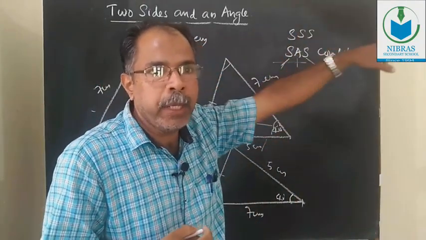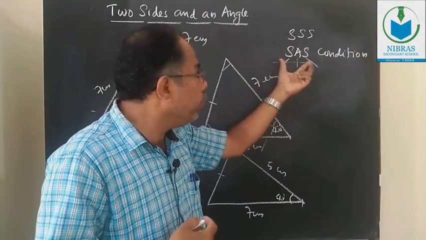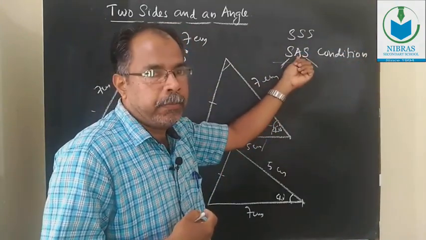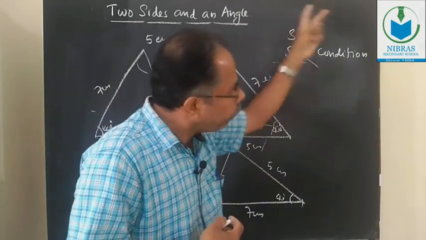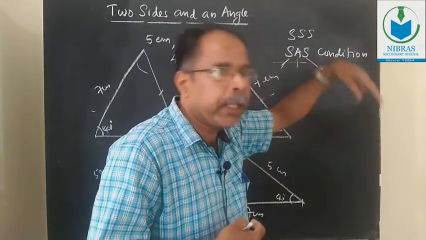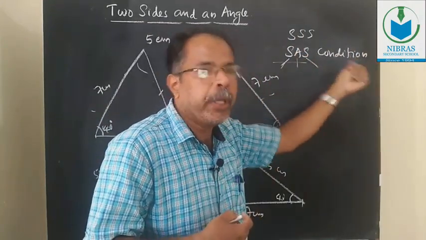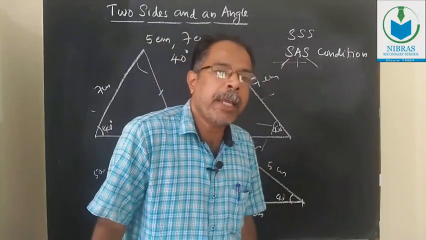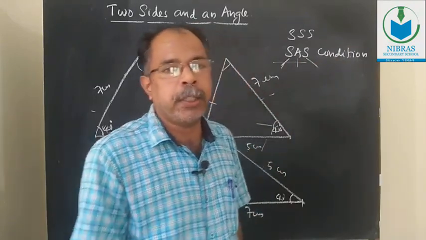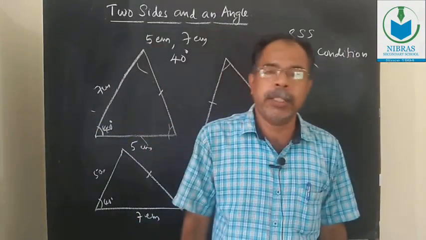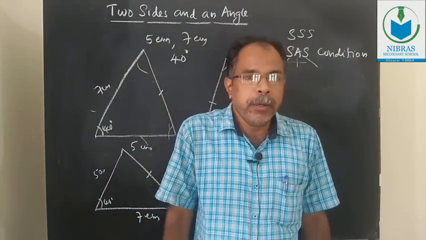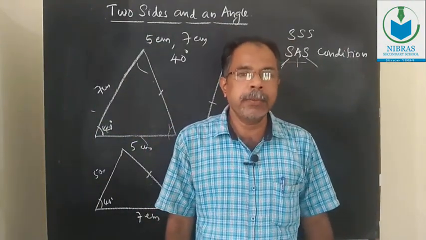Then the triangles will be equal. Here, two sides and the angle between them are equal to the two sides and the angle between them of another triangle. Then the two triangles will be equal. This condition is known as SAS condition. Clear? We will go to examples.